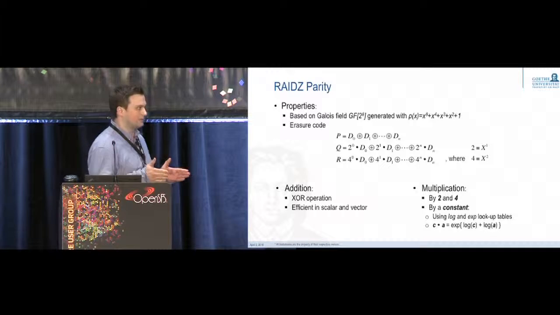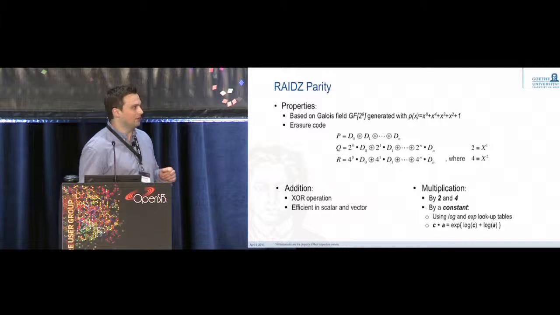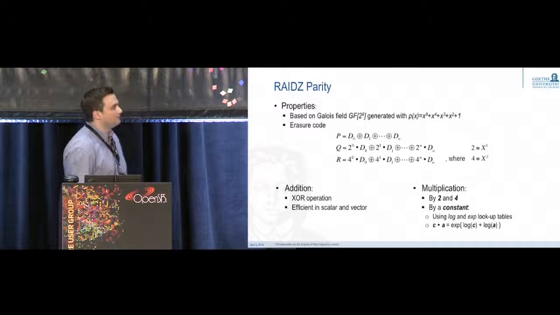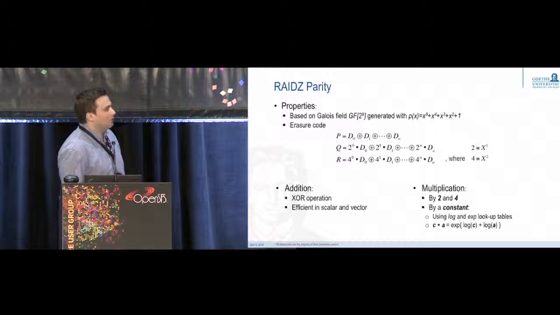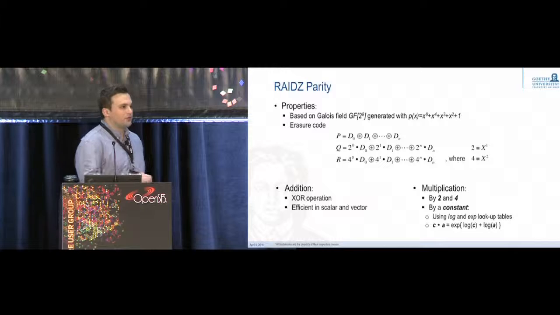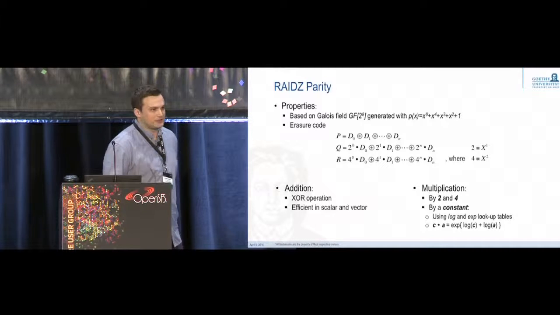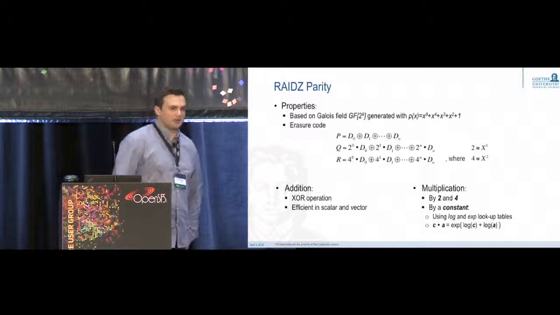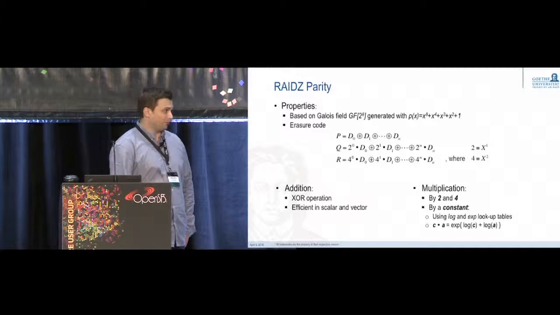It actually corresponds to I/O size and the stripe geometry I was talking about previously. And these 2 and 4 coefficients are not actually the numbers 2 and 4. They are also elements of the field, but their decimal representation corresponds to 2 and 4, so for simplicity, let's just call them that.